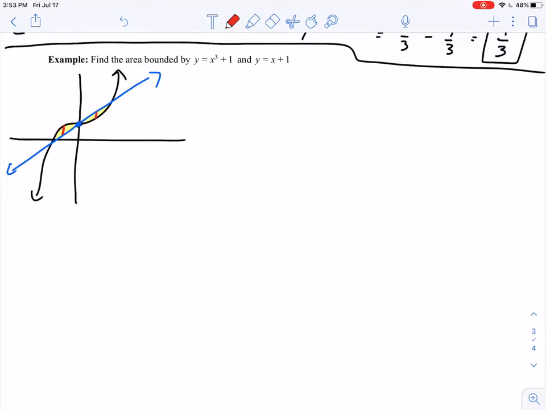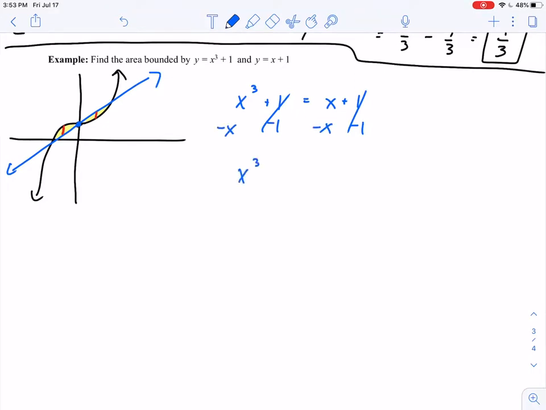So let's find our points of intersection first. Because they didn't give us an interval to work on, we do have to find the points of intersection. So I'll take x cubed plus 1, set that equal to x plus 1. Well, if I subtract 1 from each side, that's going to cancel. And here again, I know I don't want to divide by x, so I'm just going to set this equal to 0. So we'll subtract x.